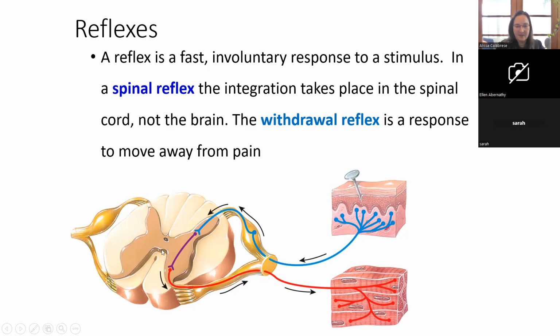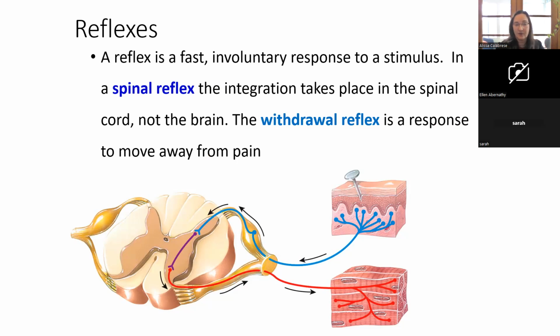So what's going to happen here is that the interneuron in the spinal cord detects that this was pain and that it poses a danger, and we need to tell the muscles to quickly move away. This is why when you step on a tack or something that hurts, the muscles of that leg and foot are going to jump back pretty quickly, right? Because they sense that that was dangerous and we don't want to put any additional pressure on it.